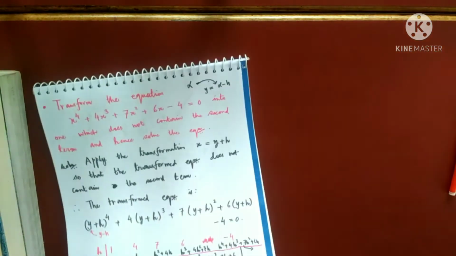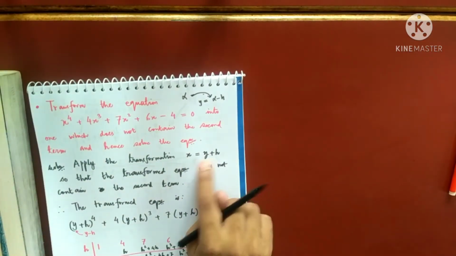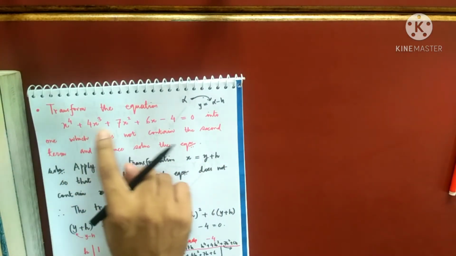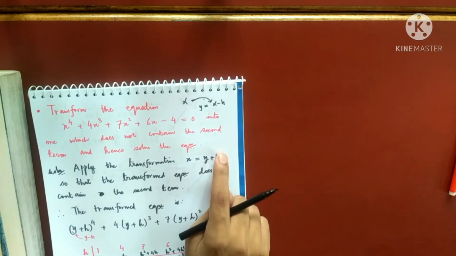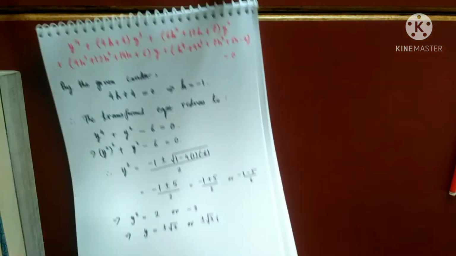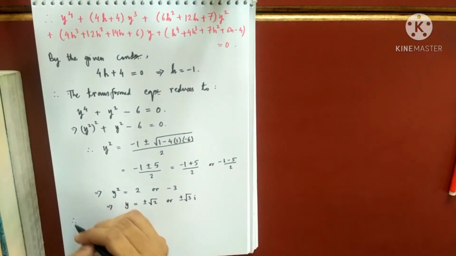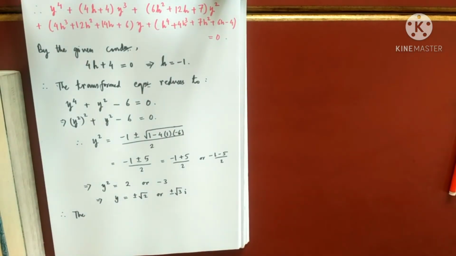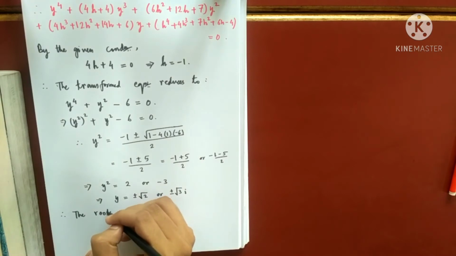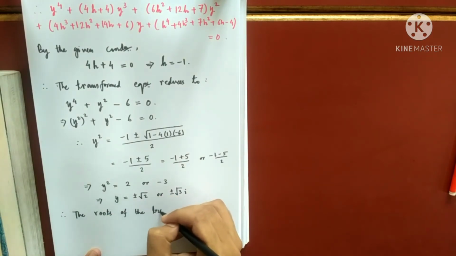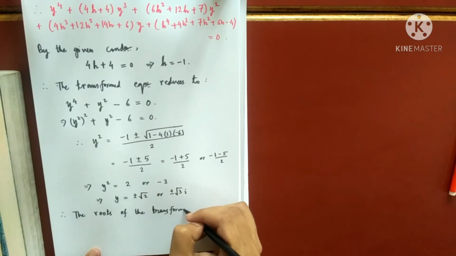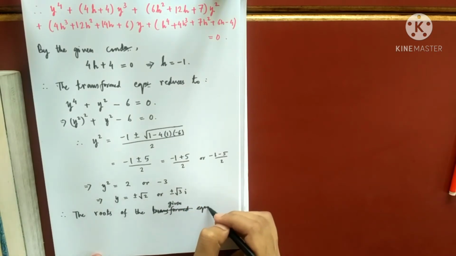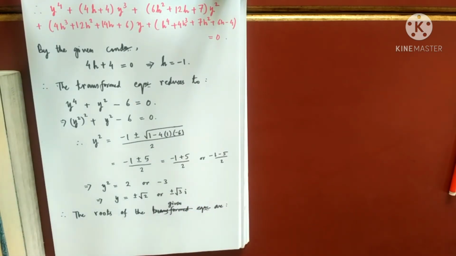Now according to our transformation formula, this was the transformation formula. What is x? X is y plus h. So what are the roots of this equation? I will have to add h. So h is minus 1. That means therefore the roots of the given equation, not transform, given equation are, so what was the transformation?